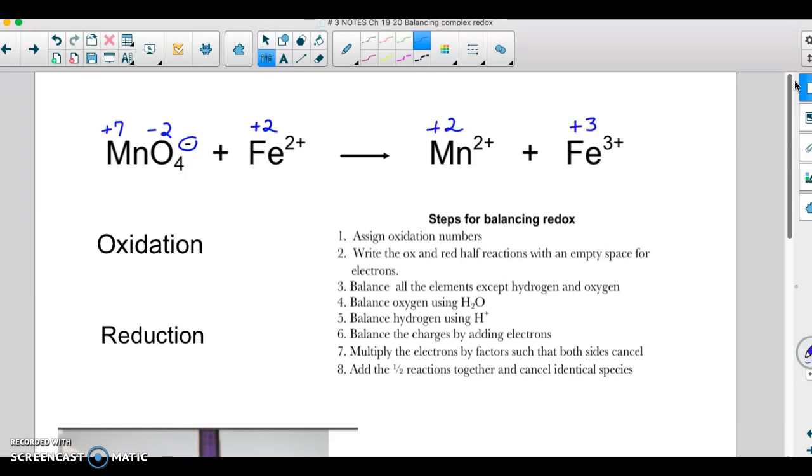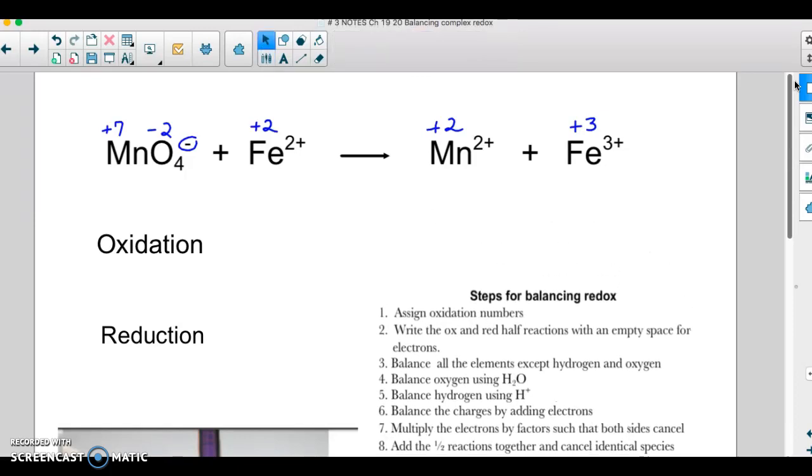Next thing I want to do is write those half reactions and balance the elements. Well, all of the elements are balanced except there's some oxygen that we don't see on the product side, so we'll deal with that. But let's write the oxidation half reaction, and we're going to leave a blank for the electrons.